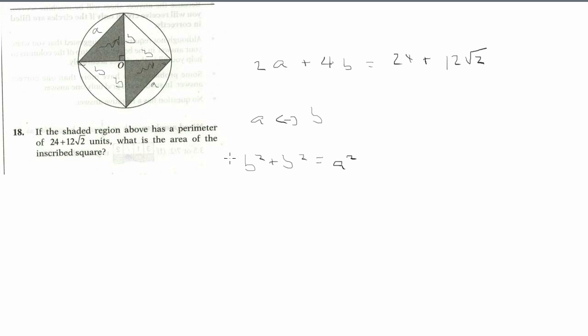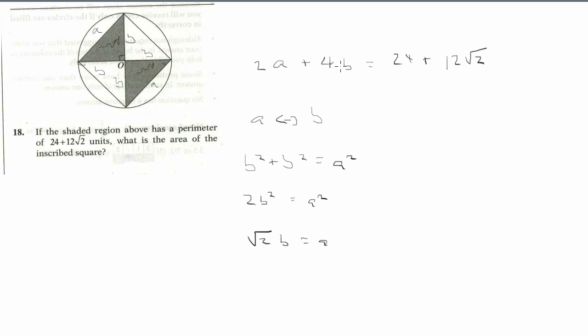Okay, so because it's the Pythagorean theorem, b squared plus b squared is a squared. So I have 2b squared equals a squared. Square root both sides, I have square root of 2 b equals a.